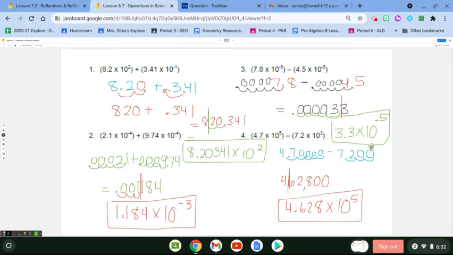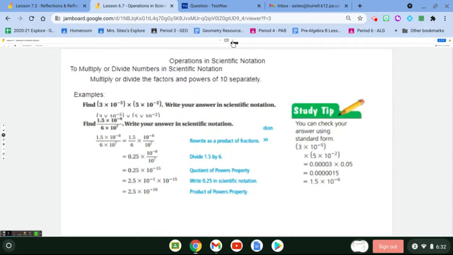So that'd be subtracted by 7,200. So when I subtract those two numbers, I would get 462,800. And then if I convert that back into scientific notation, that would be 4.628 times 10 to the fifth power. And again, this process is going to be similar no matter what operation that we do.